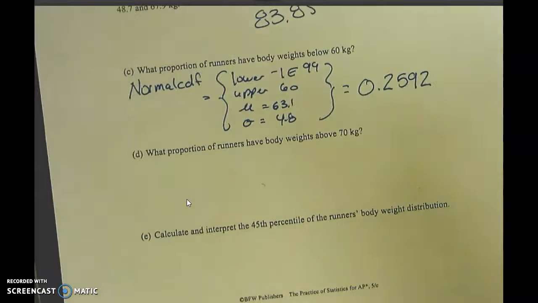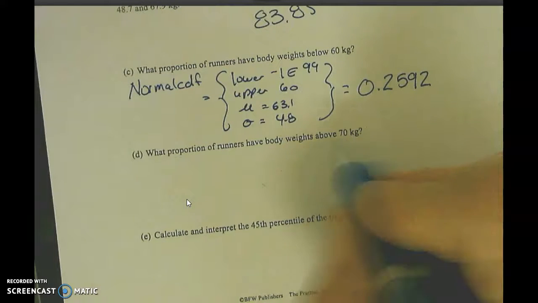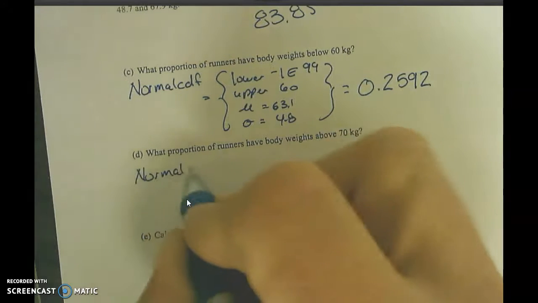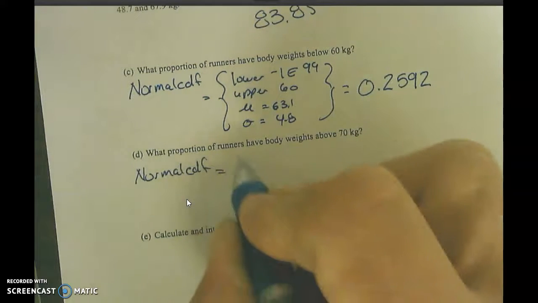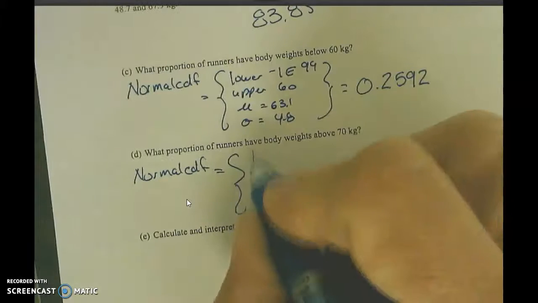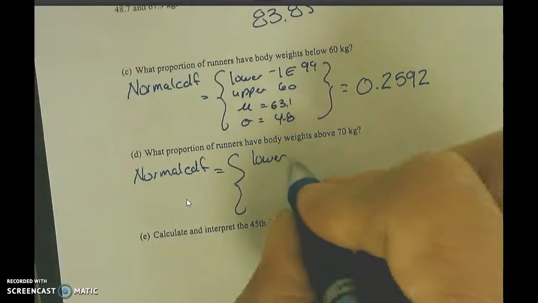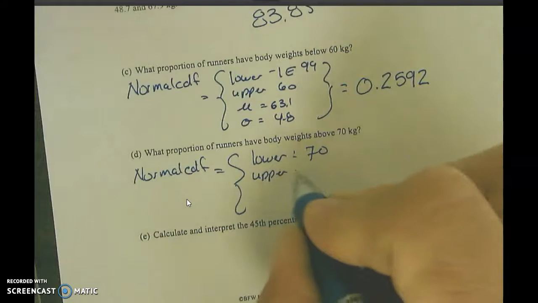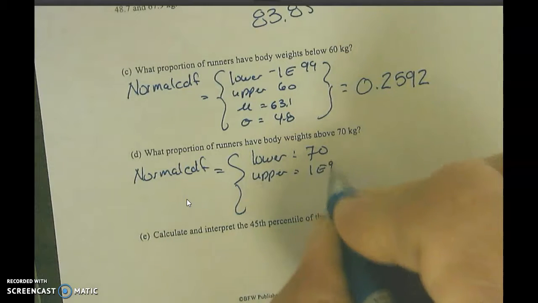Okay. So then what proportion of runners have body weight above 70? So that, again, I'm going to go with the normal CDF because I'm looking for the proportion. But this time, because it's a right tail test, my lower is going to be 70. Upper is going to be 1E99.